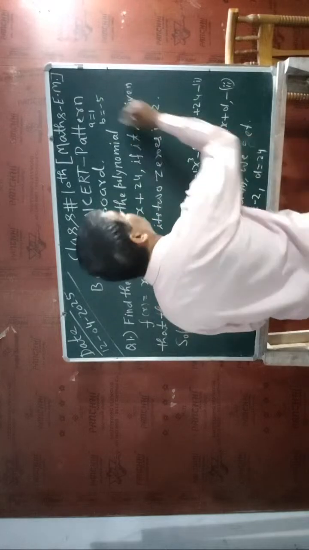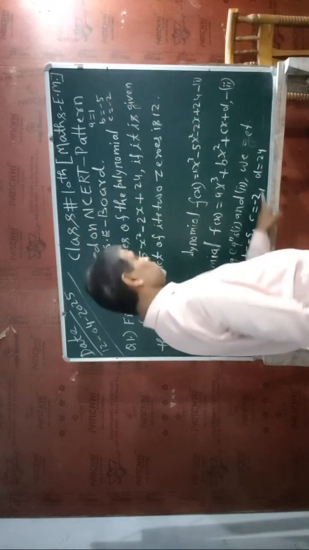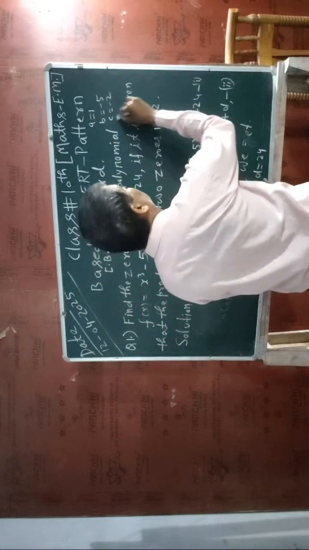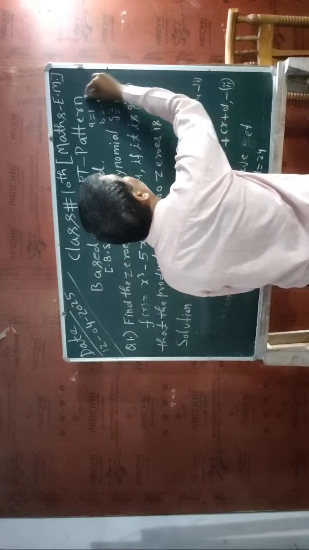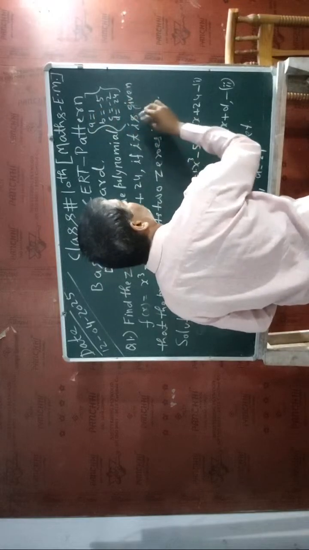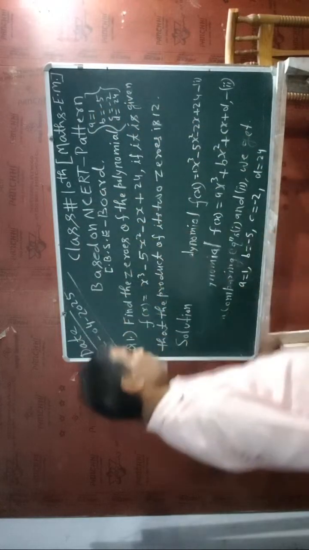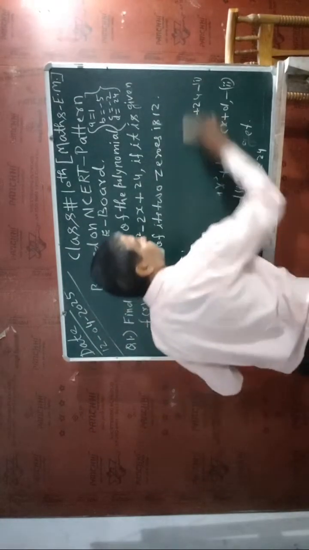The value of c is -2, and the value of d is 24. I have saved this information here because I will use it when required. Now I am going to erase this data for the calculation.